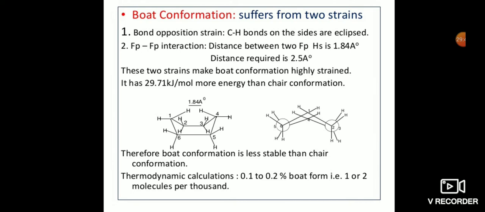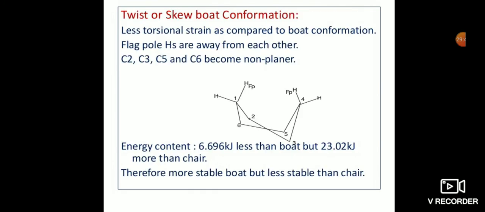Now we will see the next slide. Twist or skew boat conformation, or we can say the twisted boat conformation, has less torsional strain as compared to boat conformation. Flagpole hydrogens are away from each other.